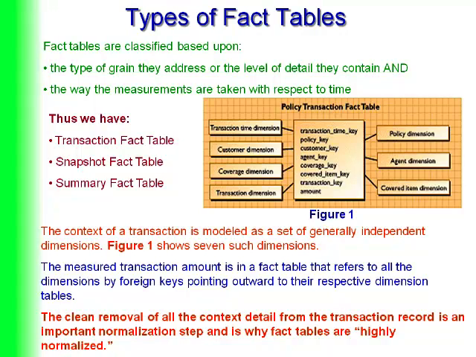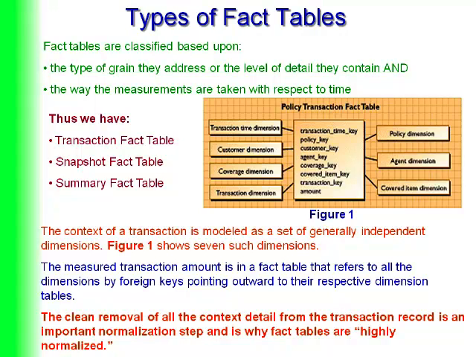So in this figure, the policy transaction fact table is a star schema designed by taking 7 dimensions and 1 measure, namely amount. So the context of a transaction is modeled as a set of independent dimensions: policy, agent, covered item dimension, transaction time dimension, customer dimension, coverage dimension, transaction dimension.